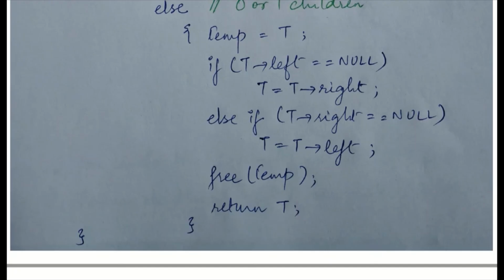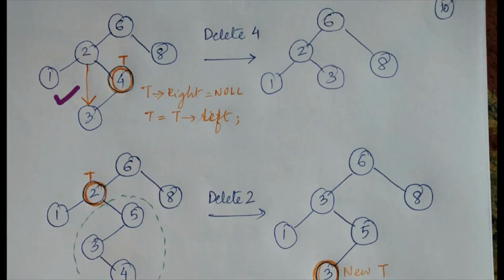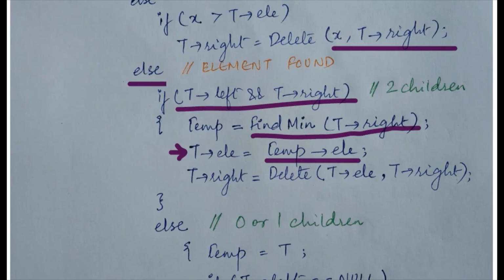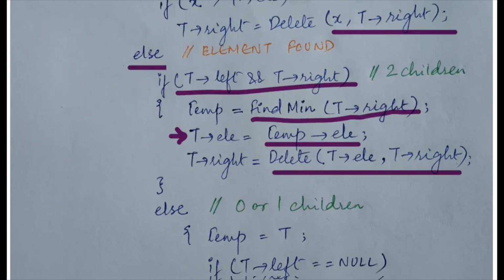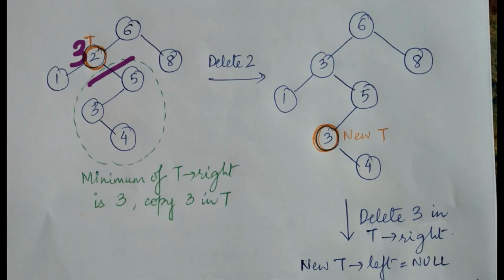And once 3 comes and sits here, there is a duplication in the tree. So what I do is I call delete 3 from the right subtree. I know it came from the right subtree. There is a duplicate copy there. I have copied the value of 3 here, so I'm not doing any pointer changes in this node. I am just copying the value 3 here.